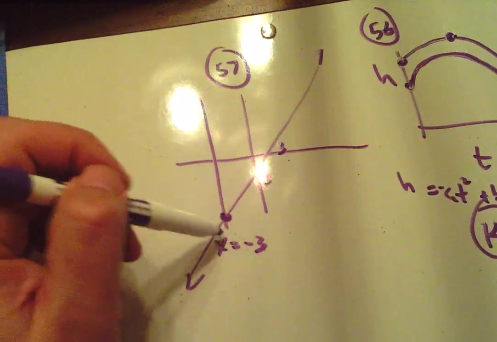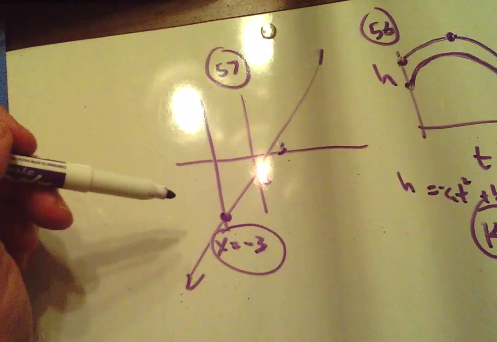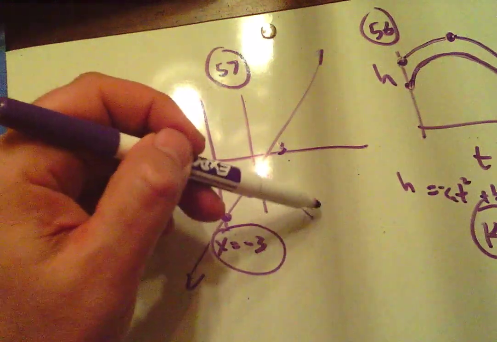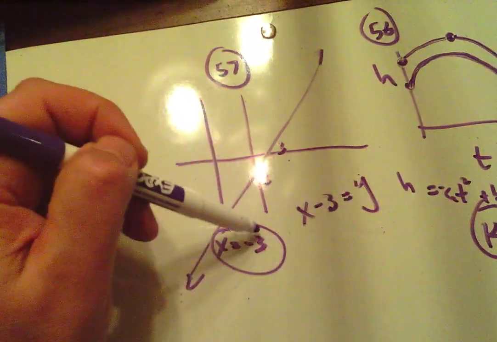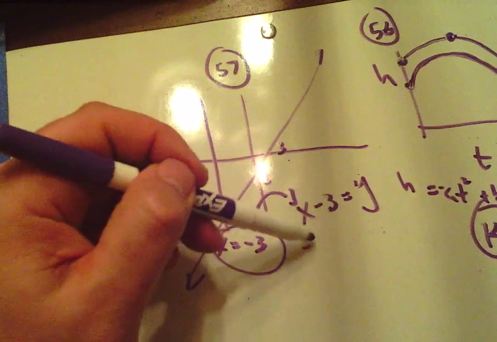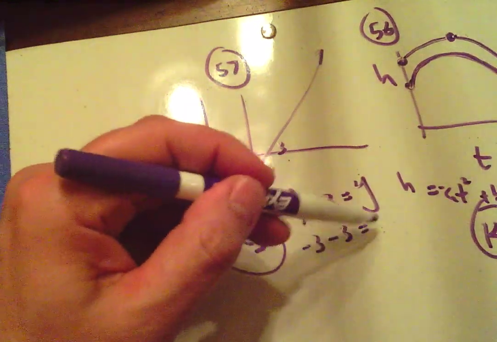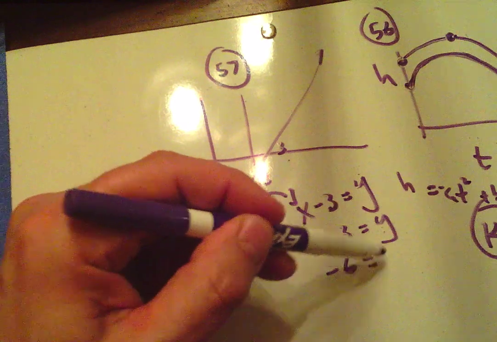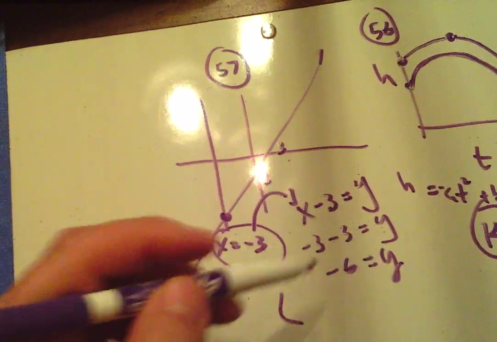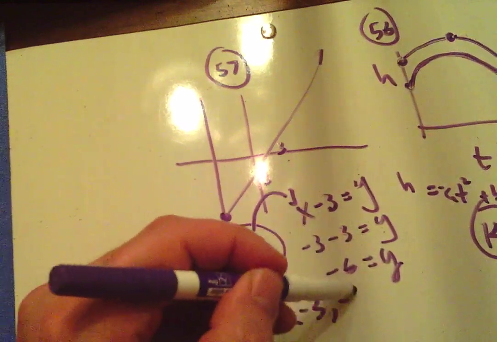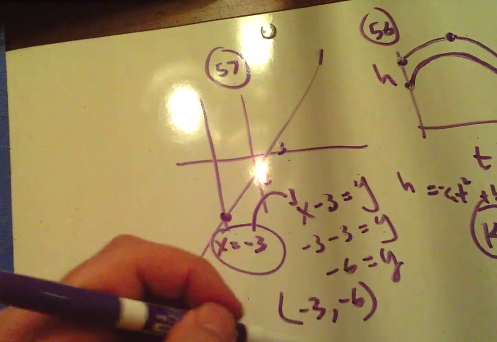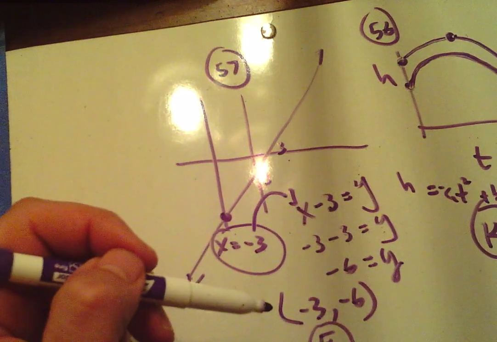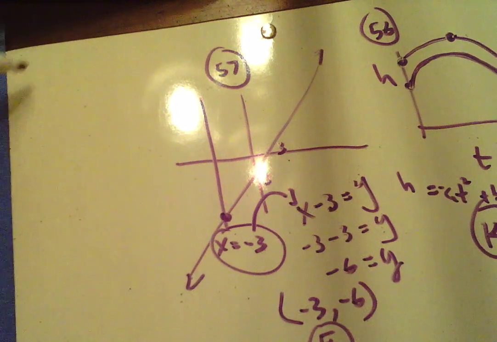Well, we know the point of intersection has an x value of negative 3. So let's take that equation, x minus 3 equals y, and plug negative 3 in for x. And so we get negative 6 equals y. So the point of intersection would be negative 3, negative 6. And that corresponds with E. E for number 57.